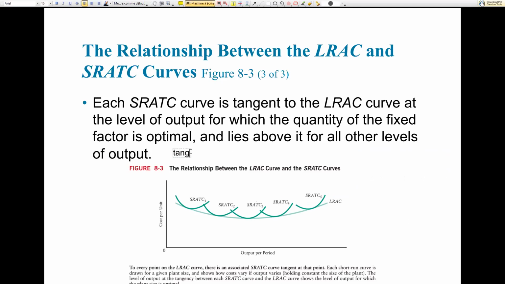Tangent. I would say barely touching. So yeah, those points there.